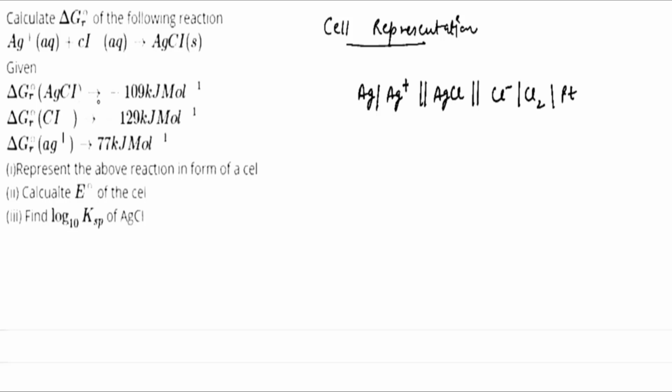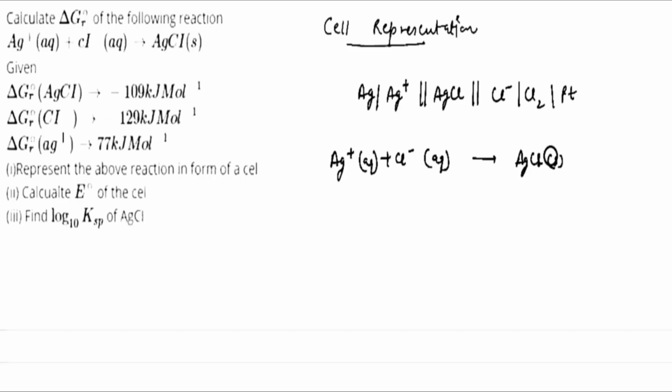Now to calculate delta G naught of the reaction, the reaction will be Ag+ plus Cl- forming AgCl solid, that is the precipitate of AgCl.